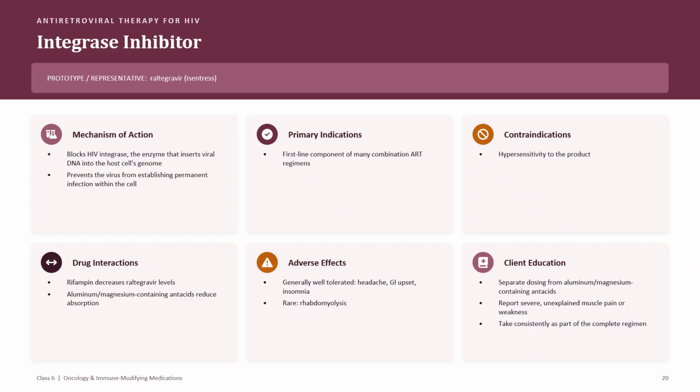One thing worth flagging for this class is you want to separate dosing from aluminum or magnesium antacids. Those medications will significantly cut the absorption of this medication.